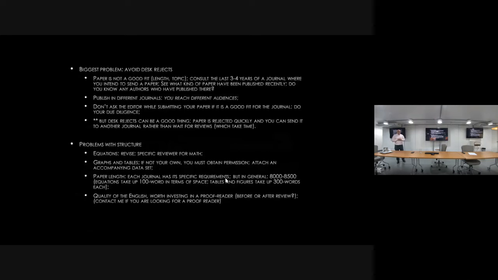And I get this all the time. Oh, I don't want to get the paper translated, read over for the English until the paper is accepted. Well, I'm going to tell you that some reviewers have rejected the paper because of the bad English. If they can't read the paper properly, they're going to say, look, no, okay?